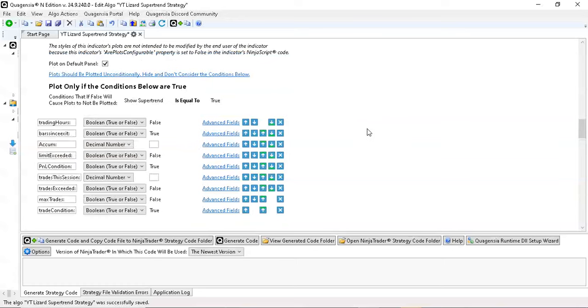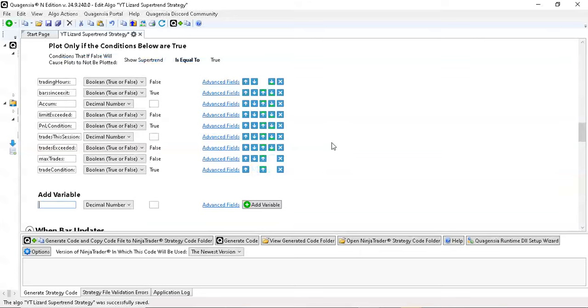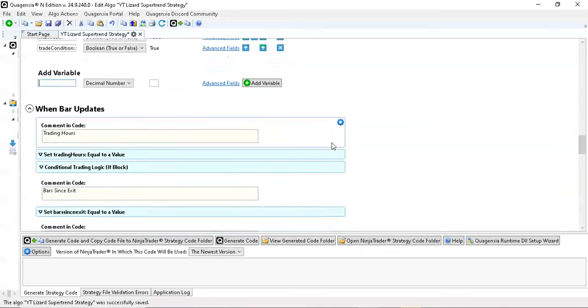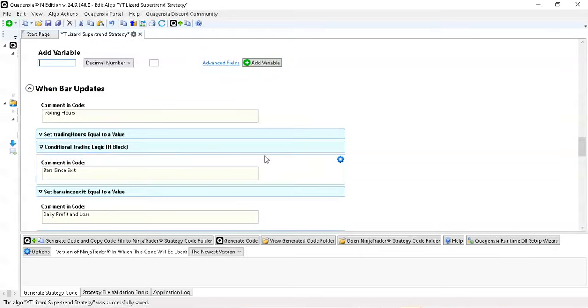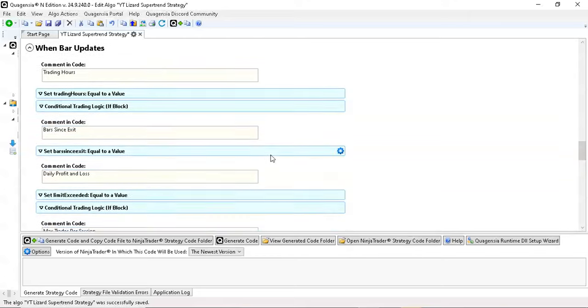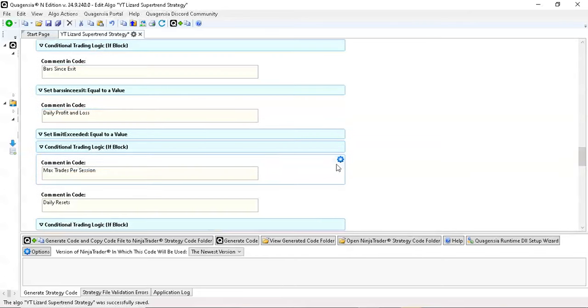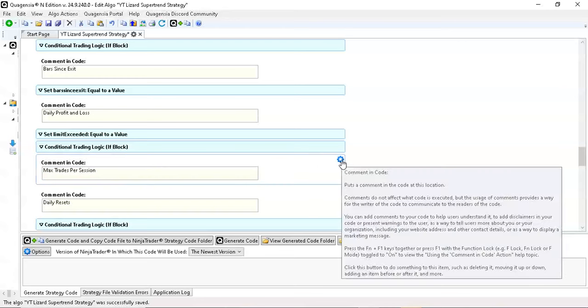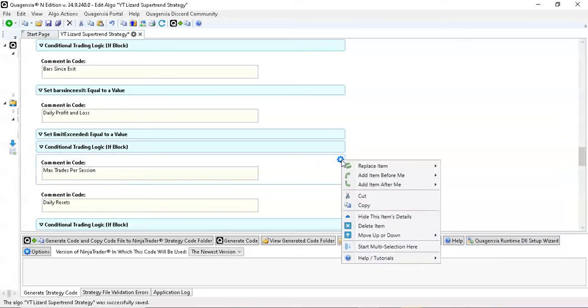So I'm going to jump right into setting up what I need to set up within the bar update, when the bar updates. So I already created that ahead of time. I like to make sure everything is neat. All right. So what I'm gonna do is start with the trades exceeded.